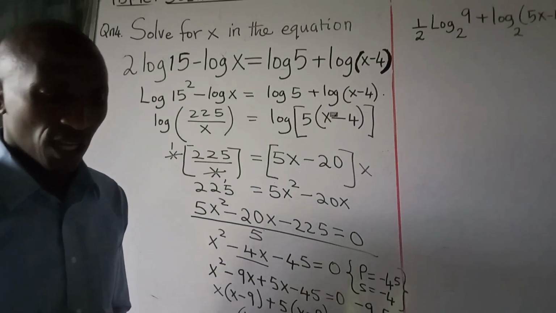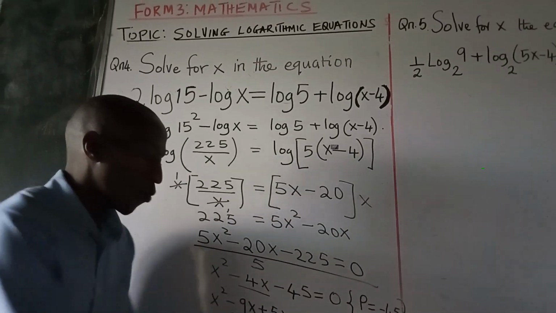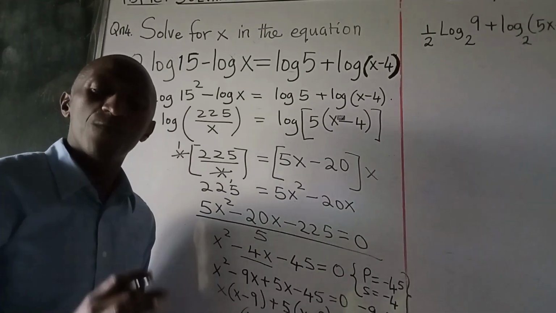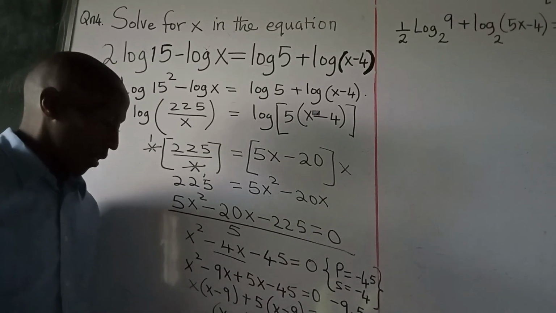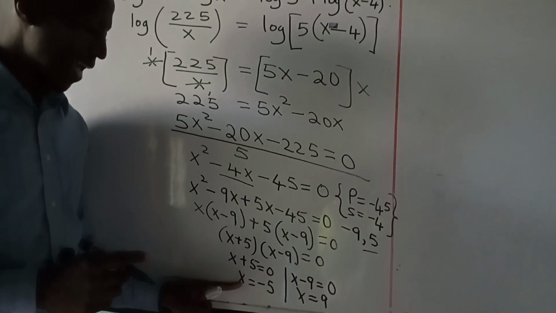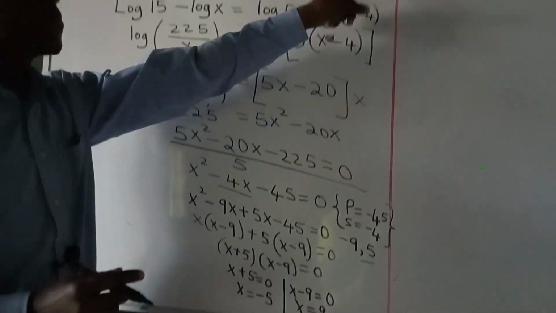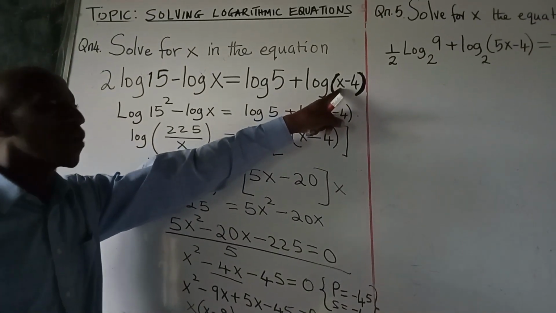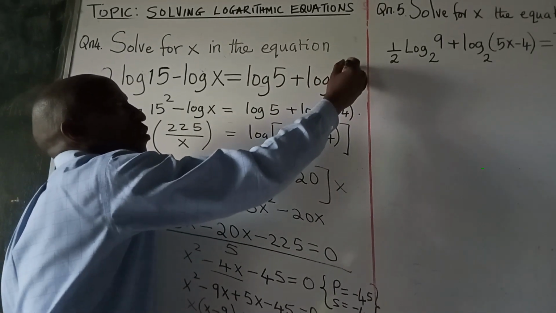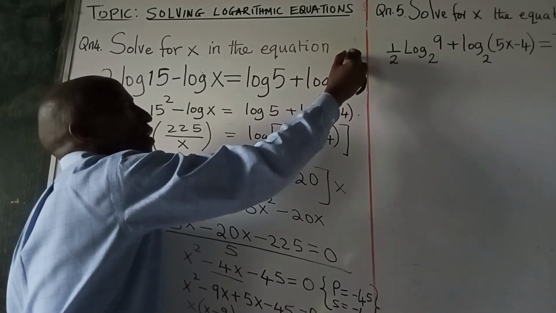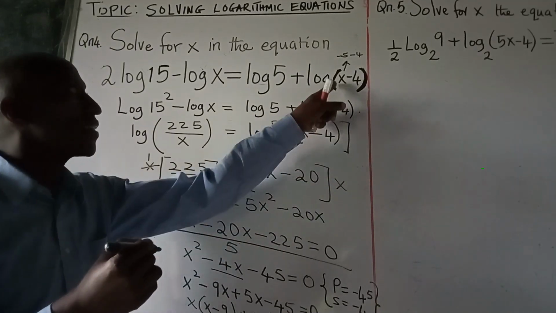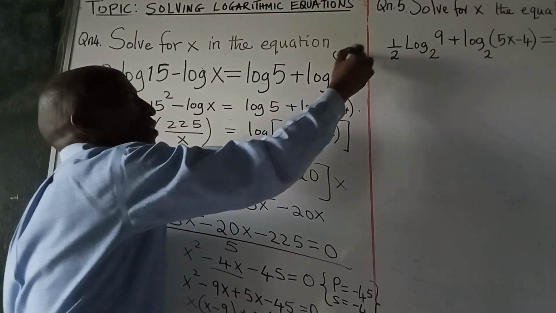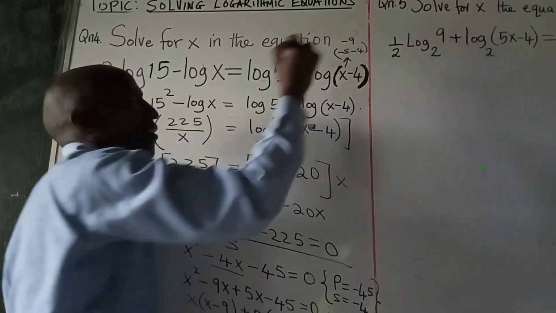Now, it is important that we evaluate the correctness of these two answers. Take, for example, if I take x is negative 5 and I substitute the x here, we shall have a situation of minus 5 minus 4, with a result there of negative 9.